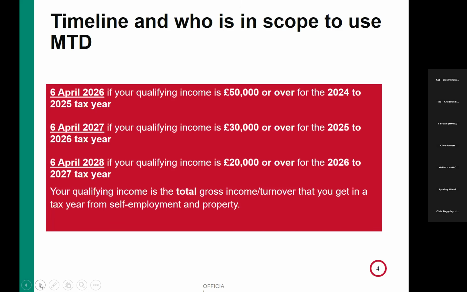To complete the picture at the moment, from 6th of April 28, anybody with combined gross income from self-employment and property of £20,000 or over, which would be from the 26 to 27 tax year, will also be required to use Making Tax Digital. As emphasised there, your qualifying income is the total gross income or turnover that you get in a tax year from self-employment and property.